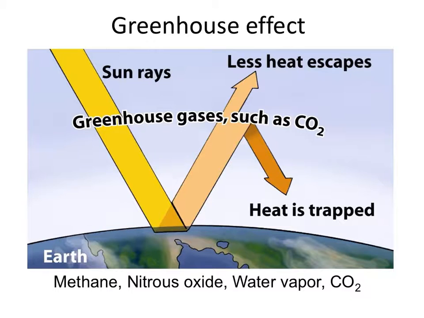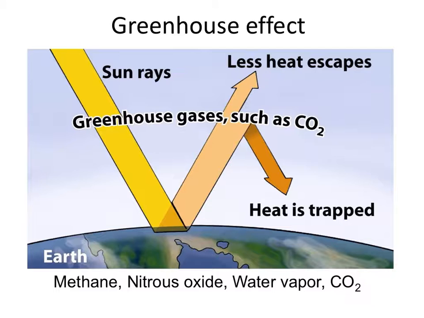Now, the reason that we have what's called the greenhouse effect is that we have an atmosphere. All the sun's rays and all that energy that hits the earth doesn't necessarily bounce back off and escape into the solar system. A lot of it is trapped by heat-trapping gases.